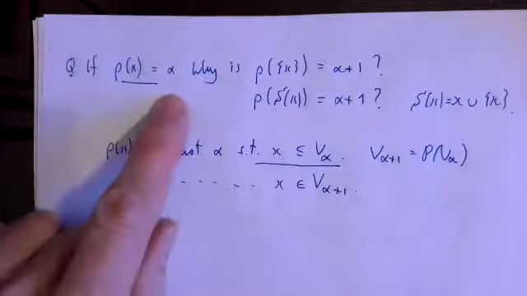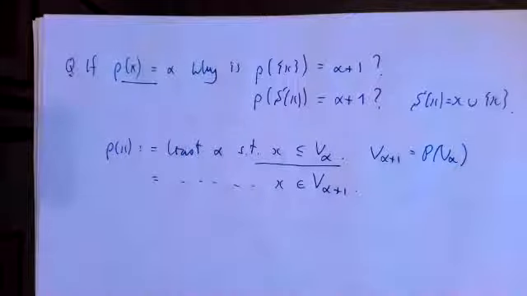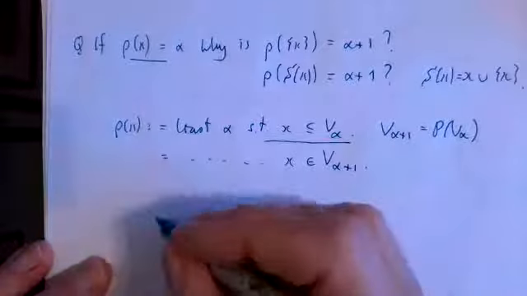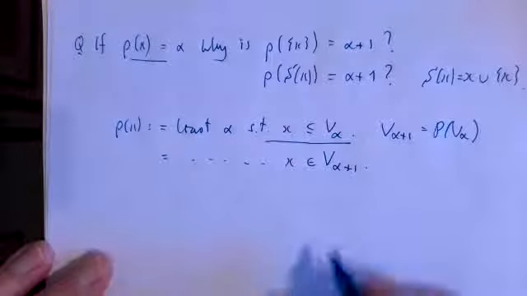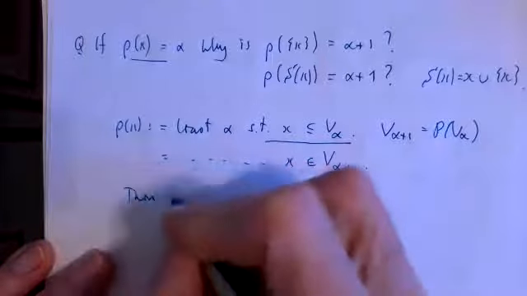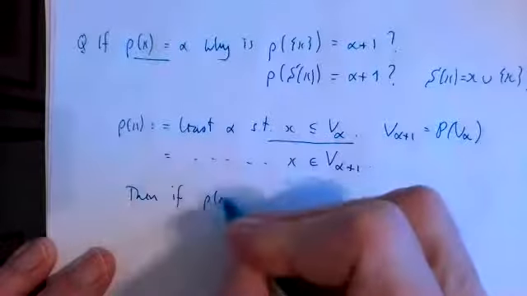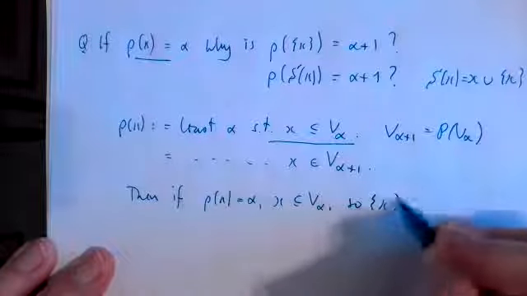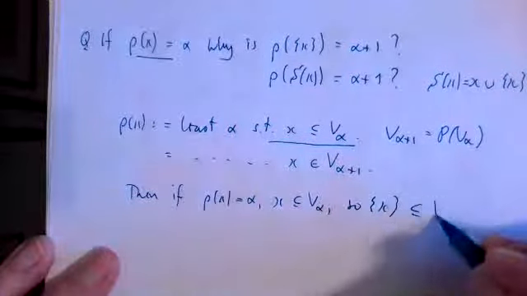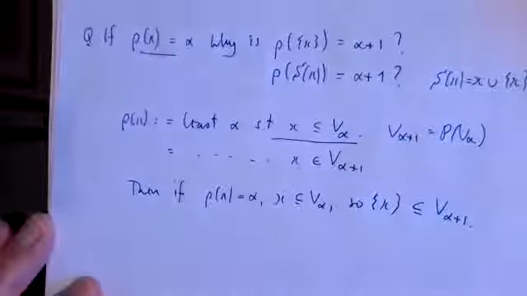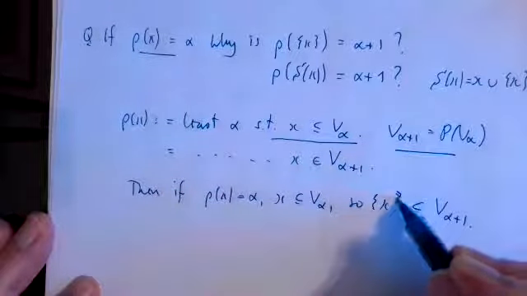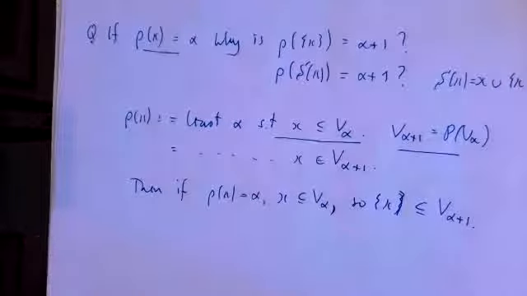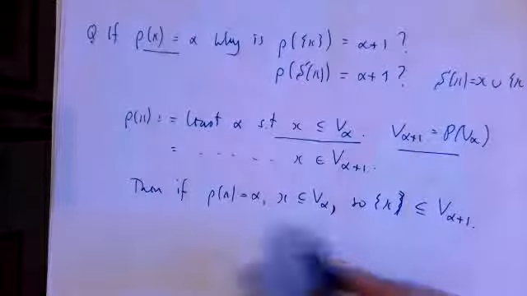So if the rank of X is alpha, because X is a subset of V alpha, the singleton X is a subset of V alpha plus 1, because V alpha plus 1 is the power set of V alpha.